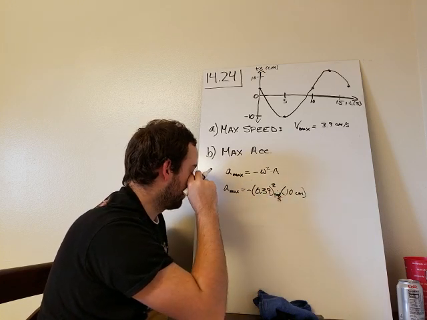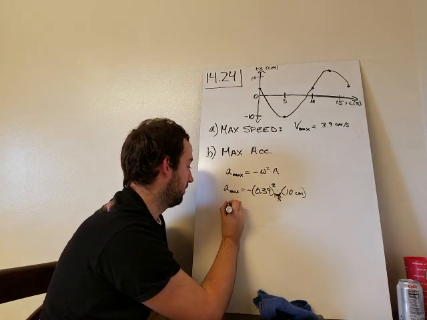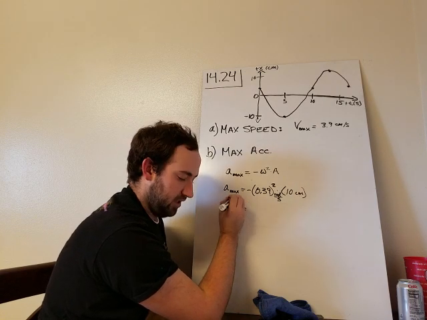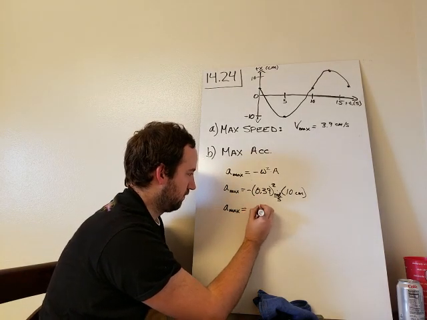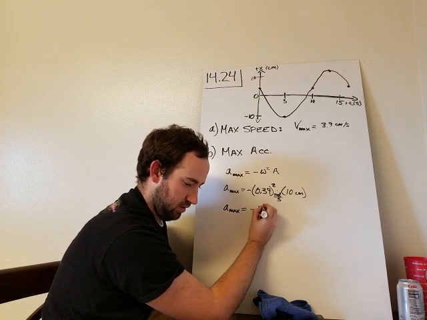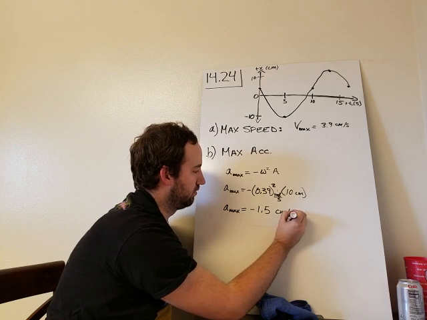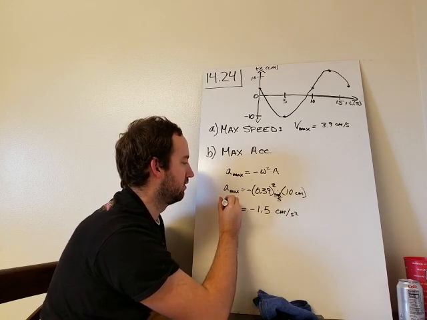When we plug this into our calculator, we end up getting that the maximum acceleration is going to be equal to negative 1.5 centimeters per second squared.